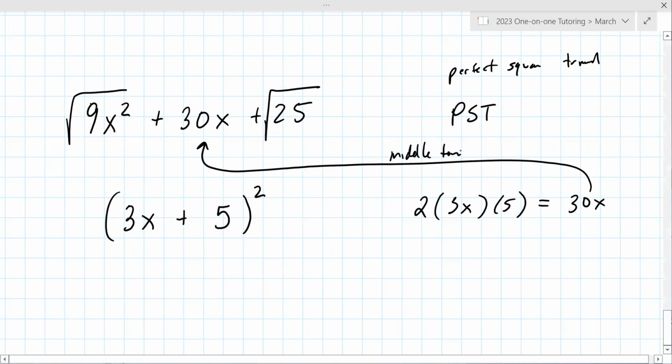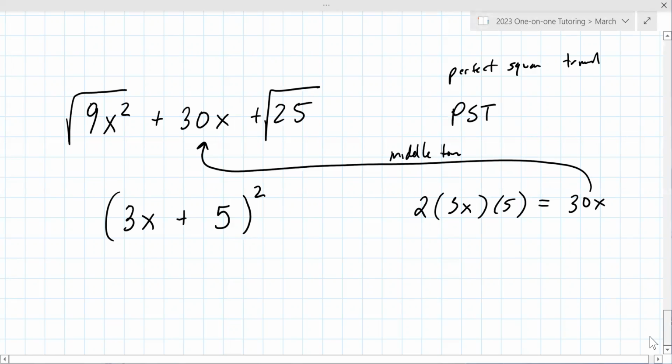And in this case, you do. 2 times 3x is 6x, 6x times 5 is 30x, like that. So to answer your question, that is how you know.